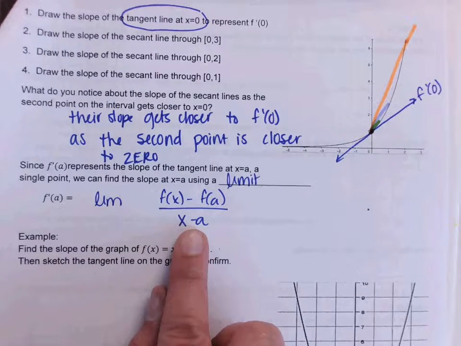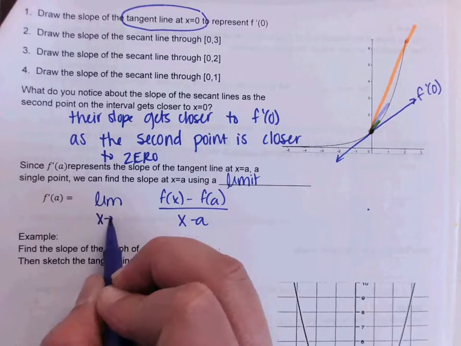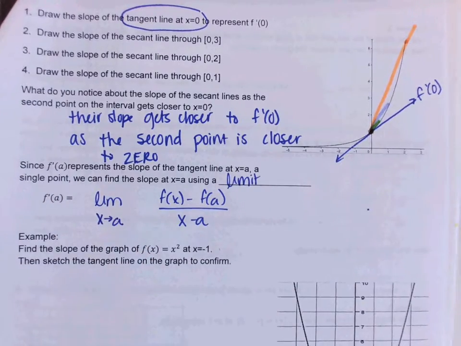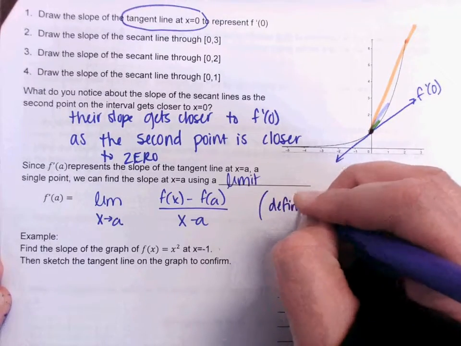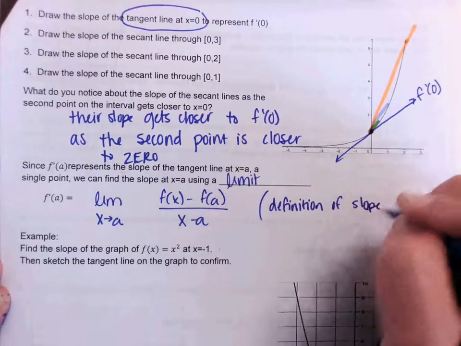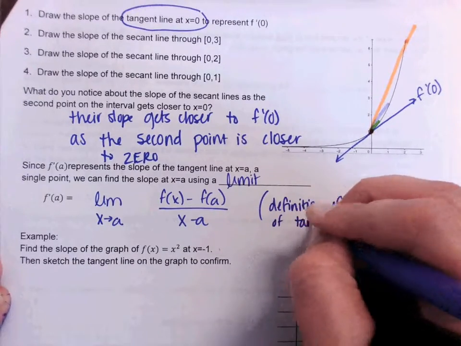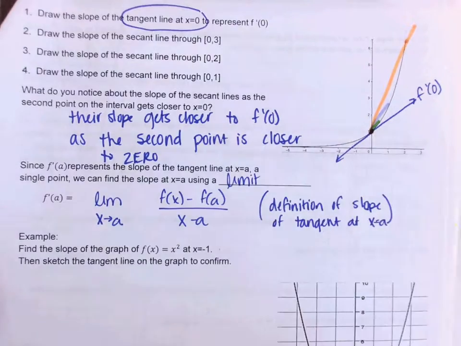X and a, right? What I want to do to make those closer together is I'm going to make x approach a. So this is the definition of the slope of the tangent at x equals A.